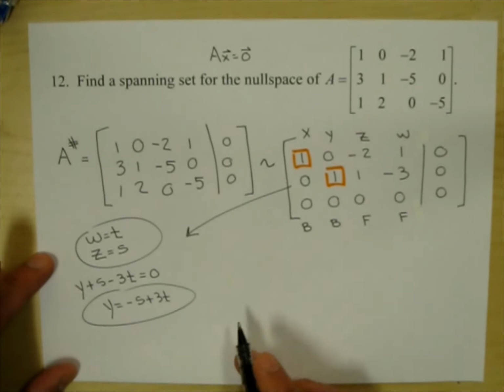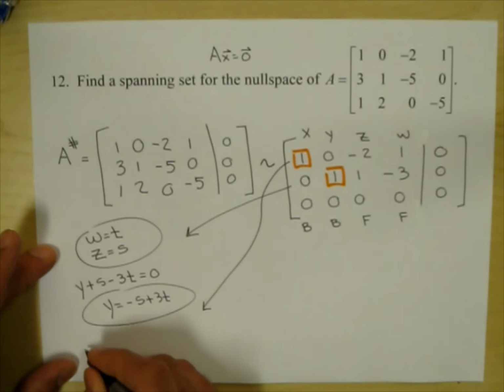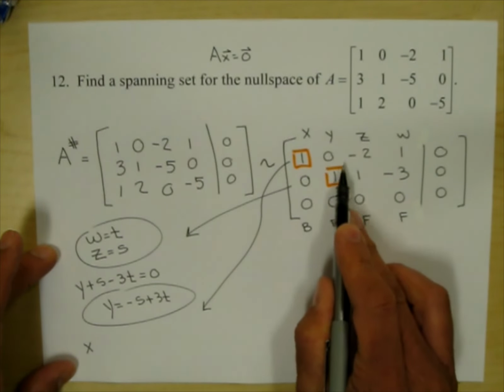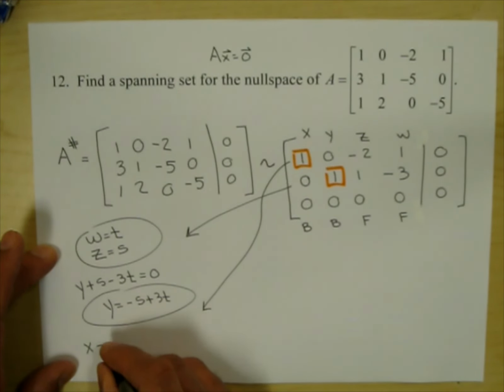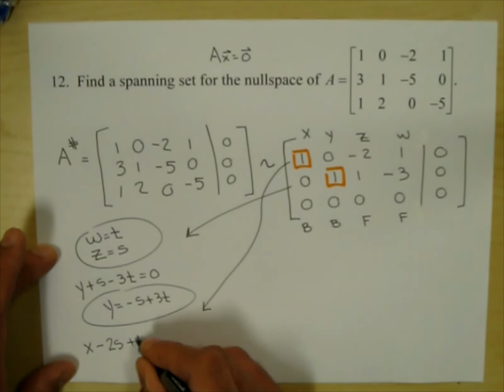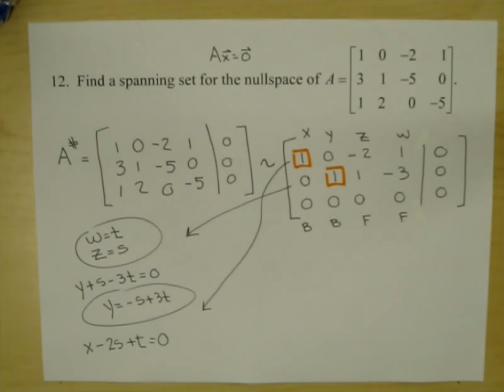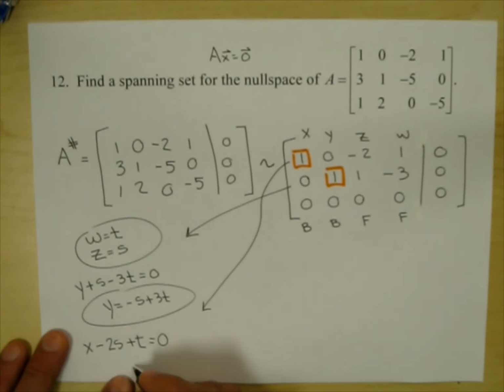And then the last one, which is the first row, is X plus 0y minus 2z, so minus 2s, plus w, plus t equals 0. So this is just doing something from chapter 2 where we're solving a system, but we're going to do something new at the end. So we have x equals 2s minus t.